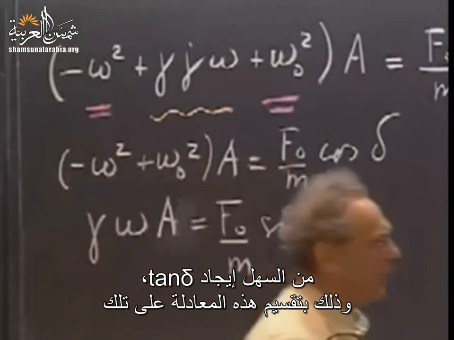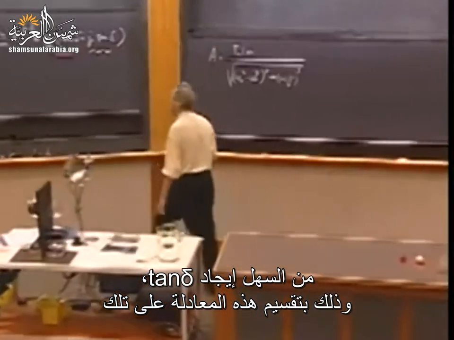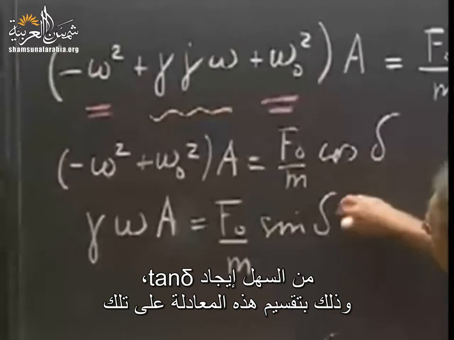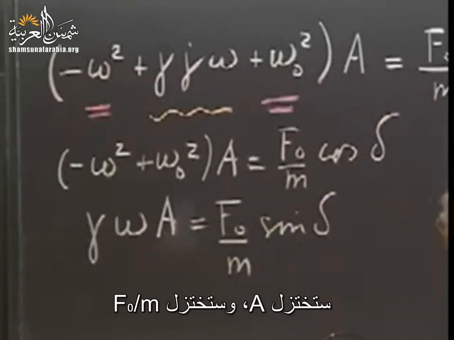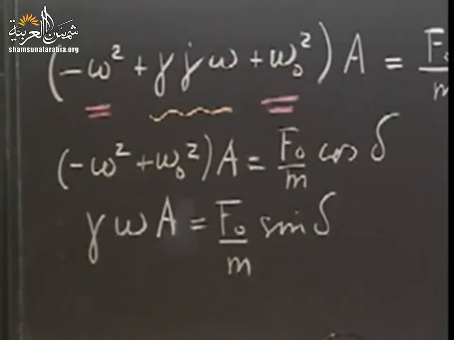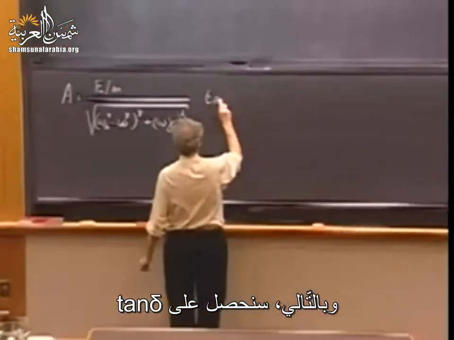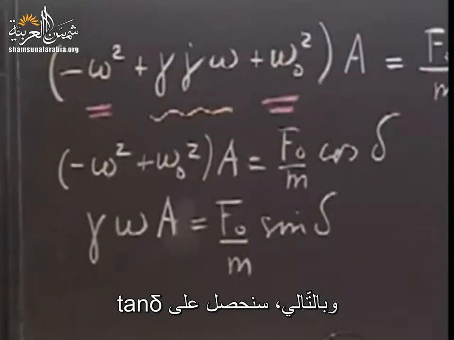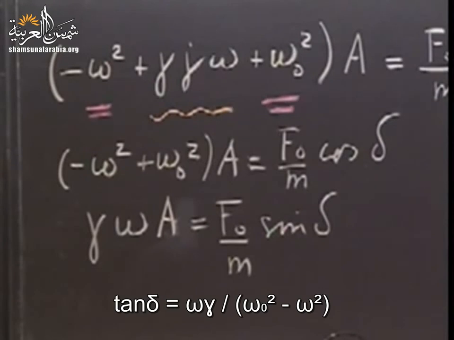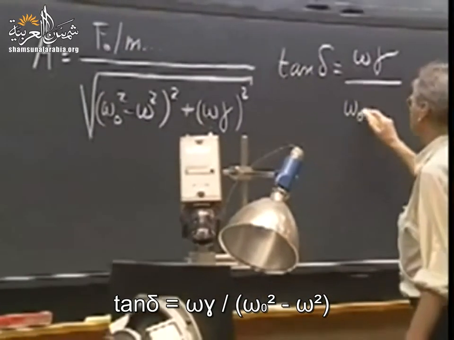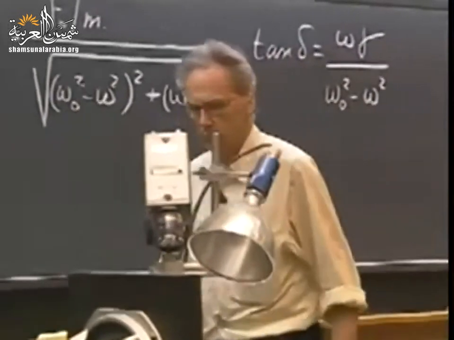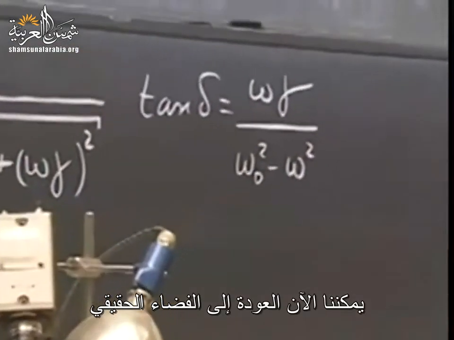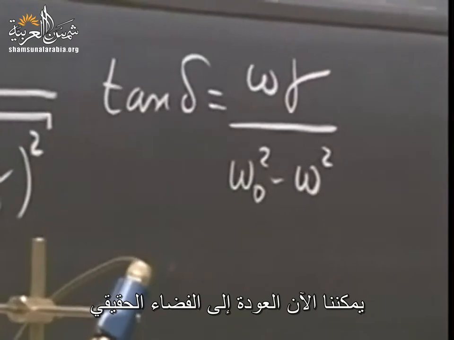And the tangent of delta is easy to find because you divide this equation by that one. A disappears and f0 over m disappears. And so you'll get that the tangent of that angle delta is omega gamma divided by omega 0 squared minus omega squared. We can now return to the real world.